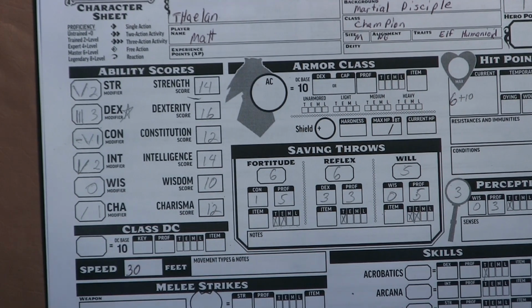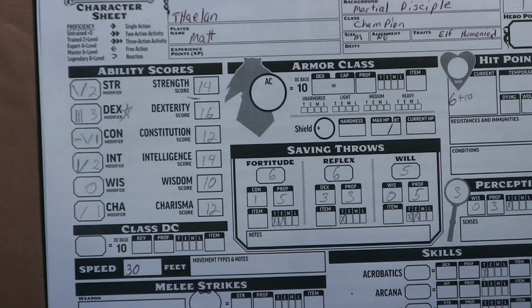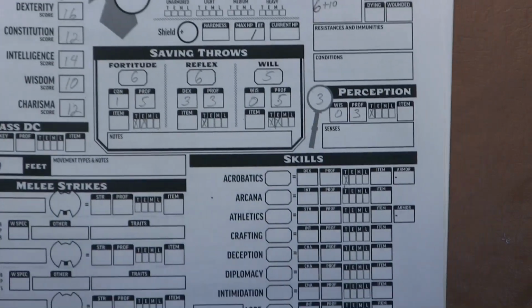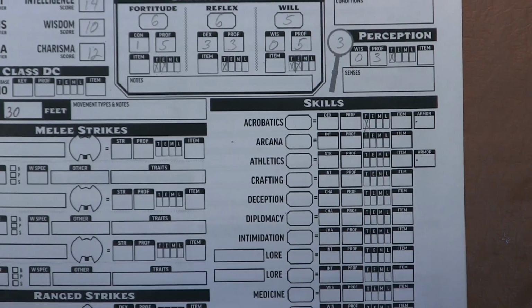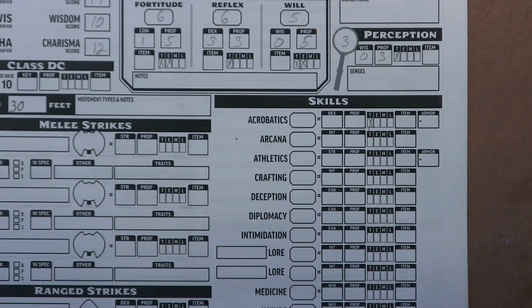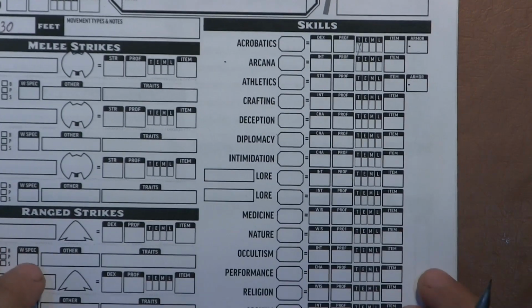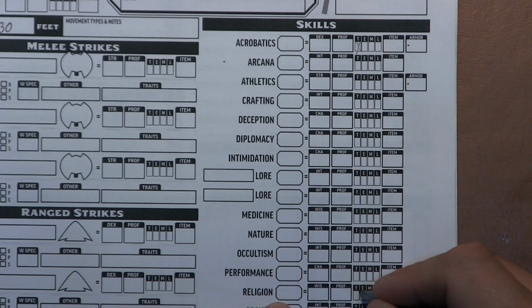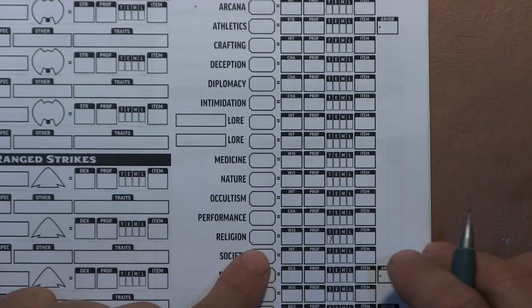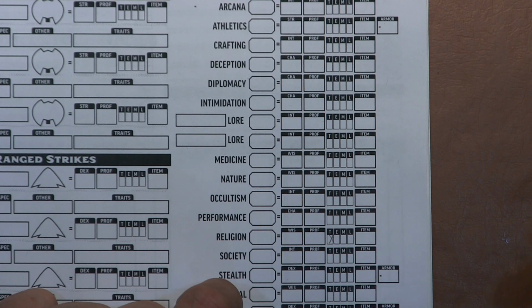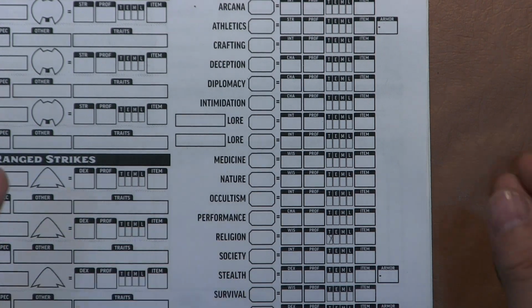Now, from there you go into your skills. This is why I like to do the other part first. As a champion, you are automatically trained in religion. And then you get one more skill from your deity.